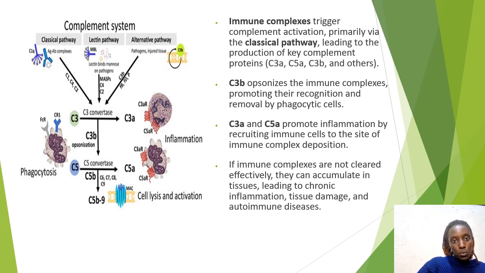C3b opsonizes the immune complexes, promoting their recognition and removal by phagocytic cells, whereas C3a and C5a promote inflammation by recruiting immune cells to the site of immune complex deposition. If immune complexes are not cleared effectively, they can accumulate in tissues, leading to chronic inflammation, tissue damage, and autoimmune diseases.